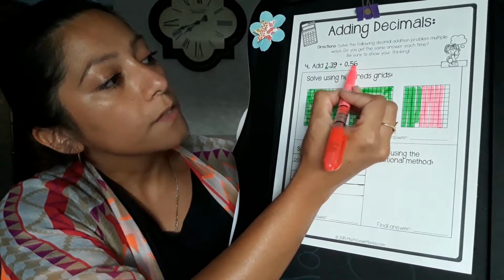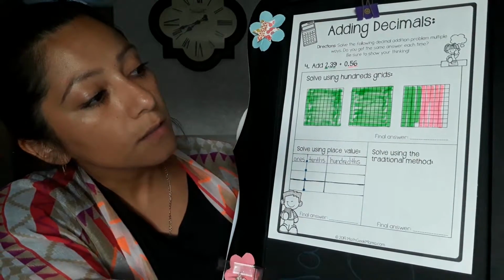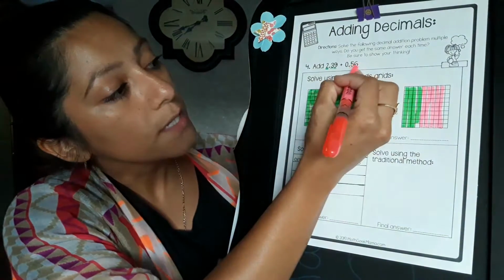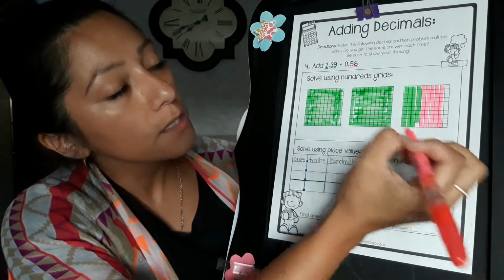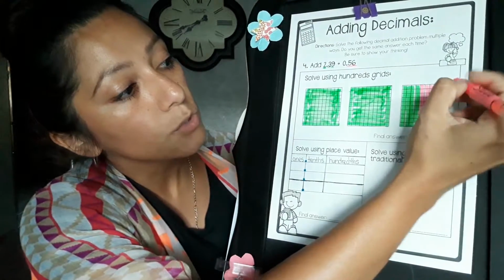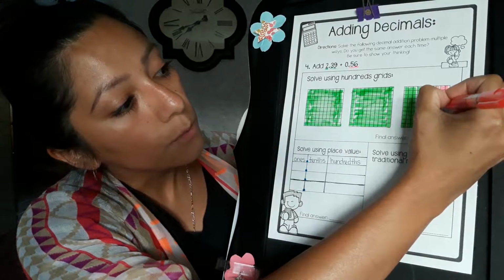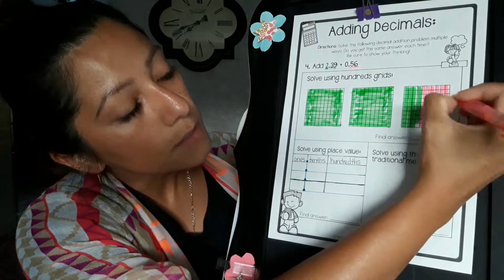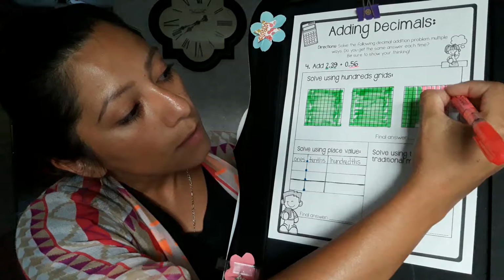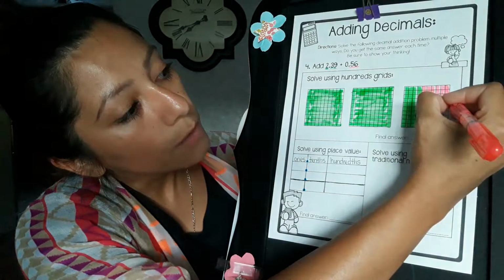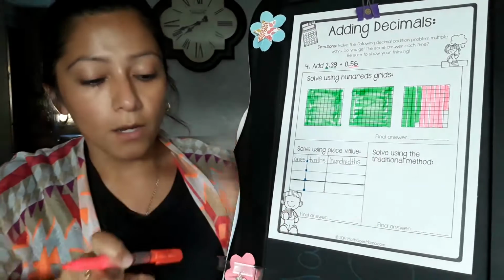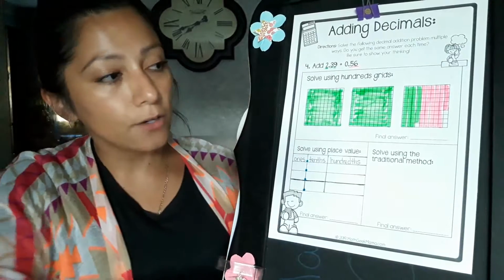Now we have 6 ones. I'm sorry, 6 hundredths. So we're only going to shade 6 individual squares. So we have 1, 2, 3, 4, 5, and 6. All right. Now let's add it all up.